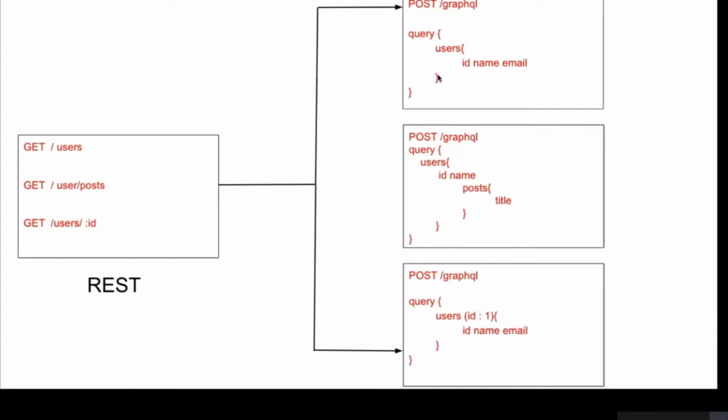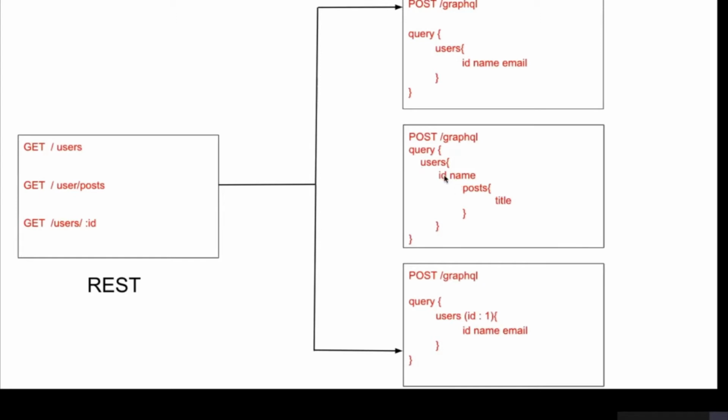The queries here are what we are going to modify when we request these resources from this endpoint. In the first box, we make a query to fetch all users with the fields ID, name, and email in our response body. The second query is still the same endpoint, but here we modify our queries. Since GraphQL is a query language, we will always keep modifying queries to request what we want.